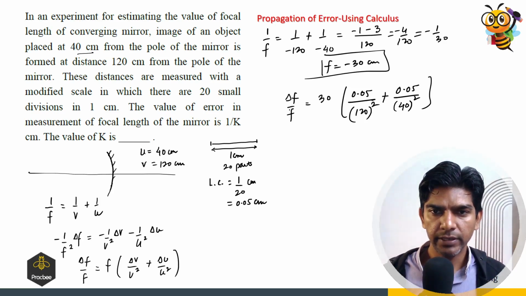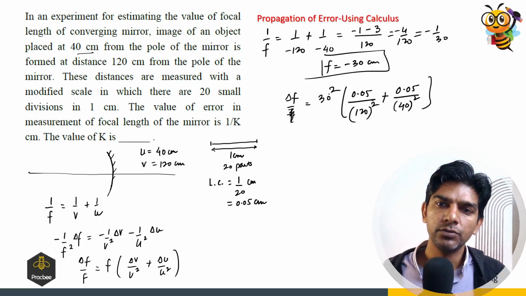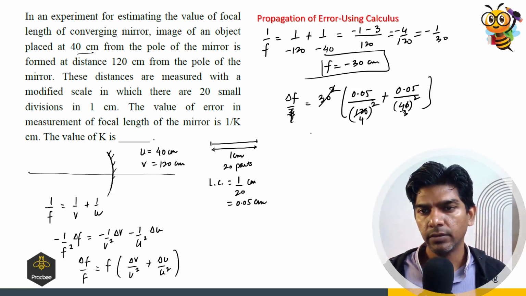Okay, let me take this f on the other side. So that will give us error in f. So 30 square. So this will give us 4, and here we will get 4 by 3. So 0.05 we can take it out.